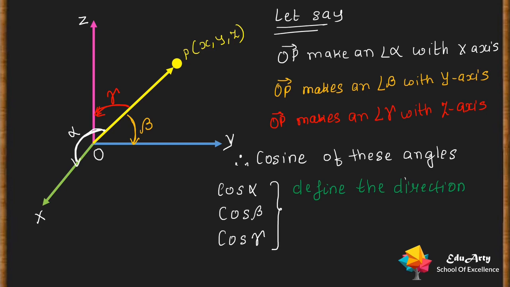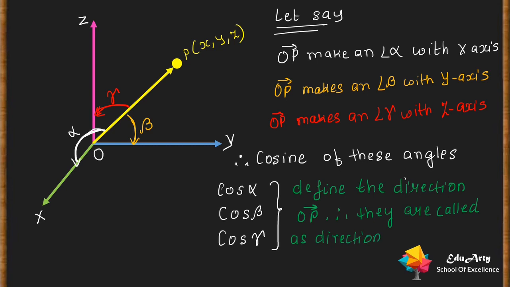And therefore they are called direction cosines. I hope this is not very difficult to understand, correct?